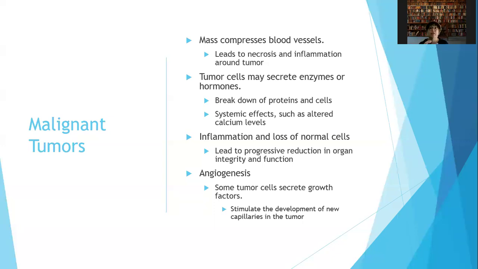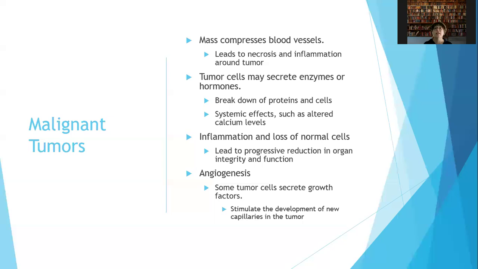So one of the effects of that, and we'll talk about it in the next section, is called paraneoplastic syndrome, where the tumor cells are secreting enzymes or hormones and making it look like you have some other condition in your body. It usually delays diagnosis because they're trying to figure out what's causing this, and the clues are pointing to something else besides a tumor.